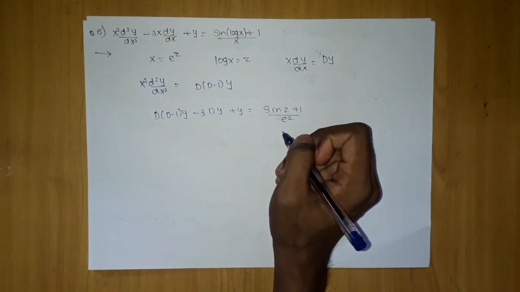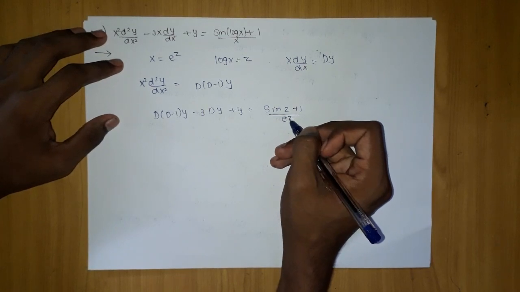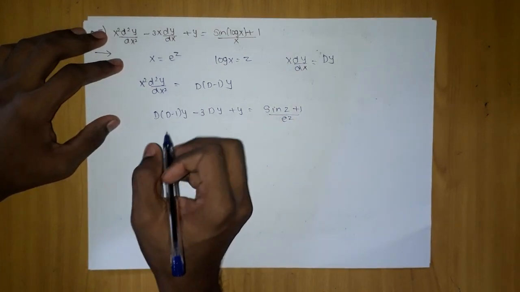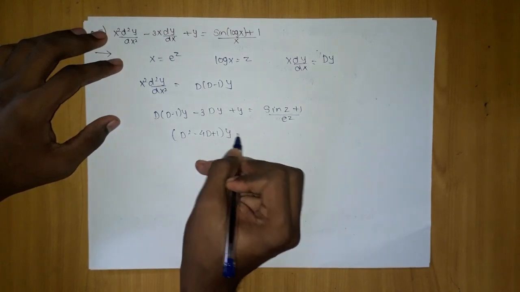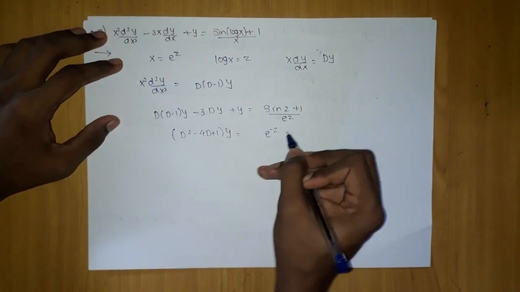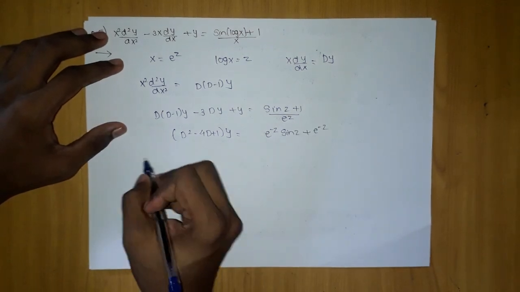Agreed? So after this, what we are going to do? We are going to simplify the equation. We are going to move this e to the power z to the top, which will become e to the power minus z. And if we simplify this, we will be left with D square minus 4D plus 1 into y equals e to the power minus z into sine z plus e to the power minus z.